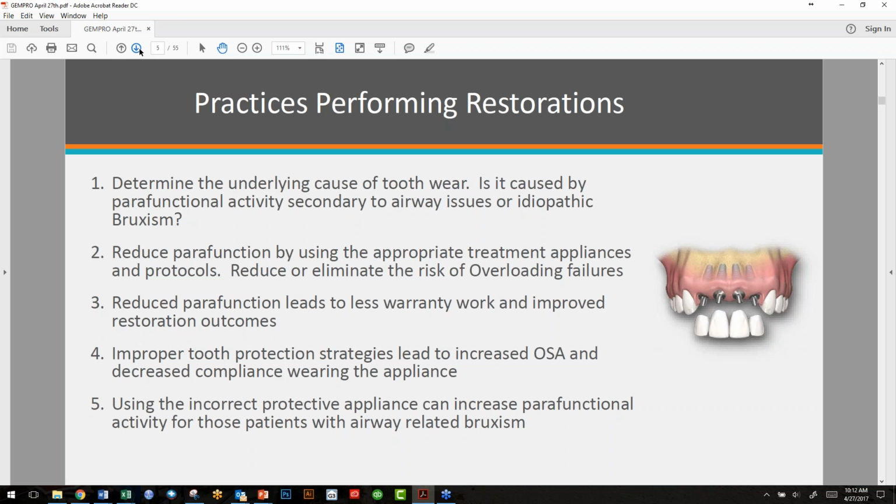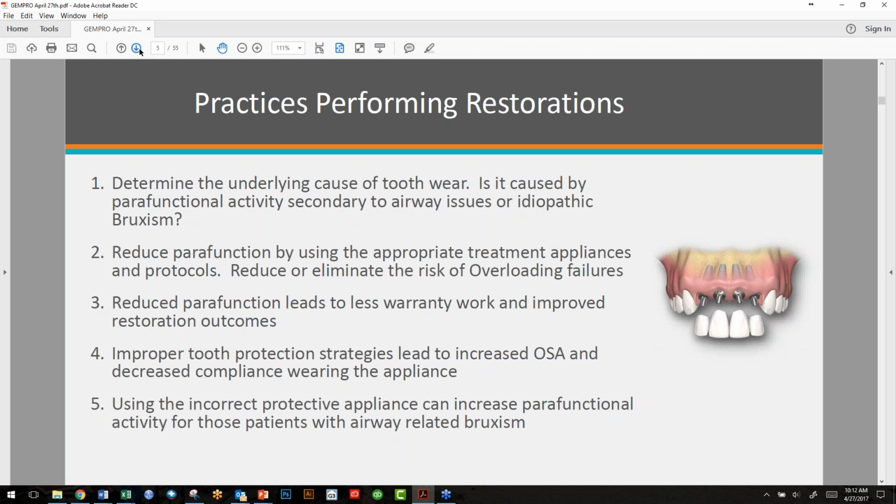Number 3, reduced parafunction leads to less warranty work. Duh. At the end of the day, wouldn't it make sense to stabilize that oral cavity and then end up improving the outcome of your restoration? If a person has moderate to severe bruxism and an airway issue, and we don't know that, and we're going to do some implants, that implant has a higher risk of failure.